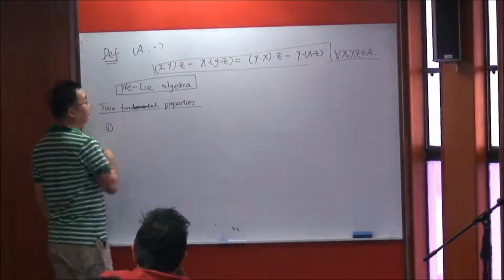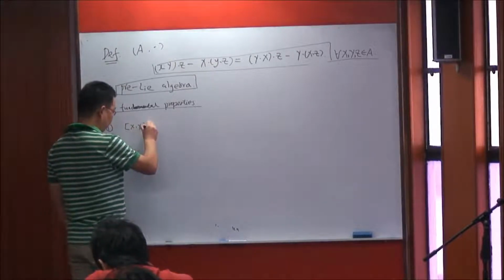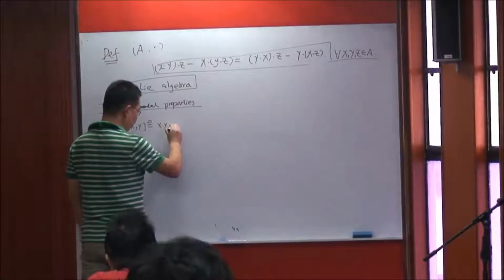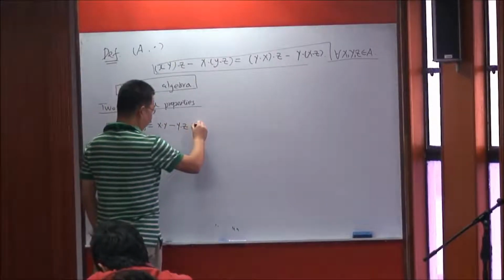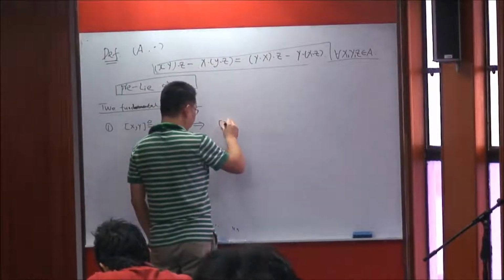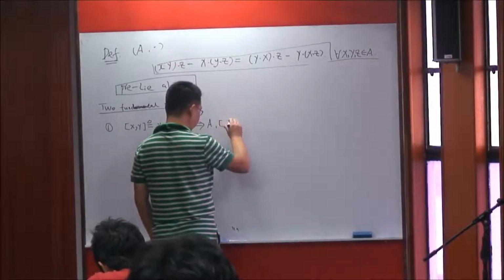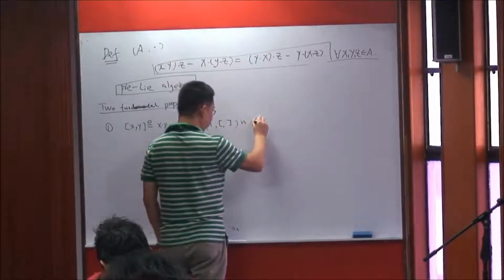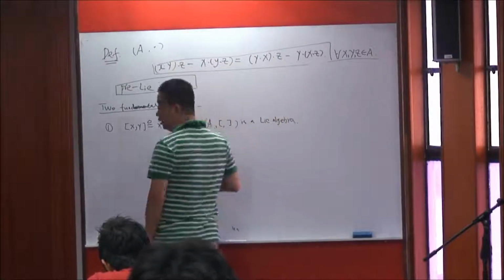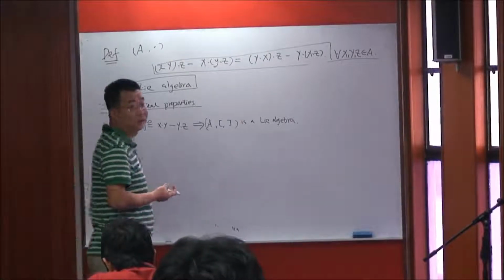First, if we define the bracket [x, y] as the commutator xy minus yx, this implies that for any pre-Lie algebra, the commutator is a Lie algebra.